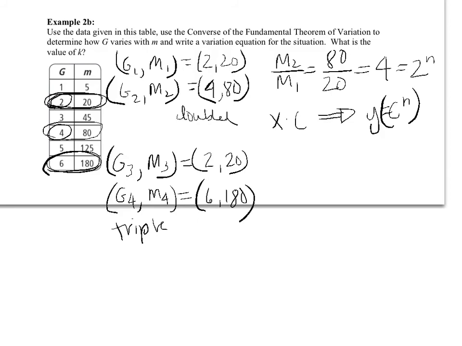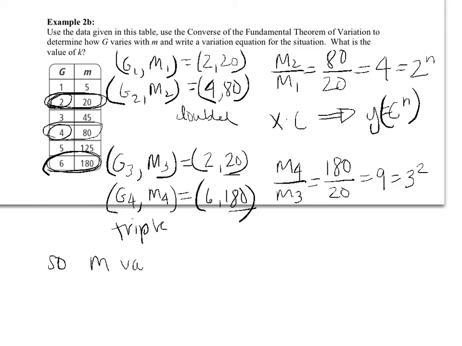Because now we know that 2 times 3 is 6, but what is our relationship between M4 and M3? It's 180 over 20, those are my numbers, and that equals 9, which is the same as 3 squared. So M varies directly as the square of G.